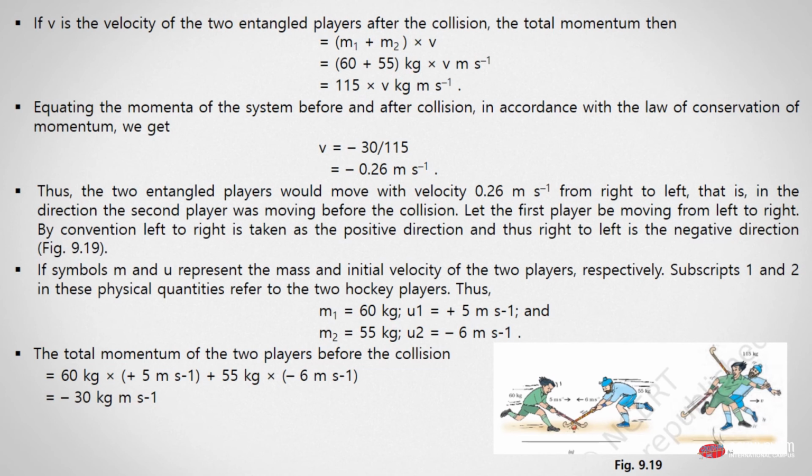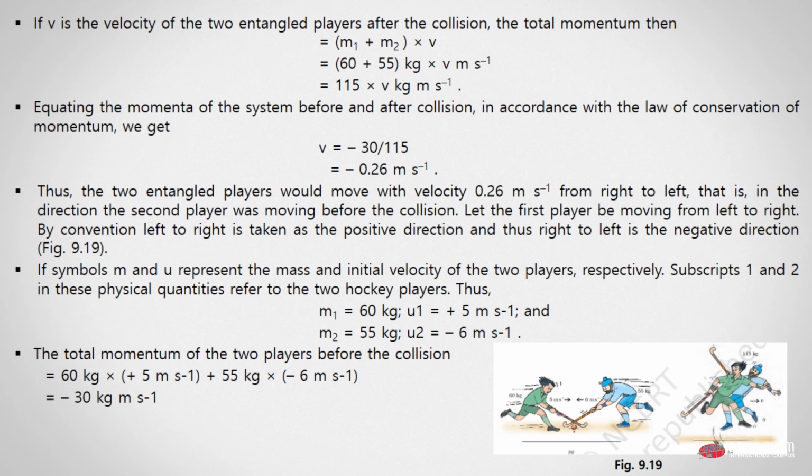If the symbols m and u represent the mass and initial velocity of the two players respectively, subscripts 1 and 2 in these physical quantities refer to the two hockey players. Thus, mass 1 is equal to 60 kg, initial velocity is plus 5 meter per second, and mass 2 is equal to 55 kg, and the initial velocity of the second player is minus 6 meter per second.